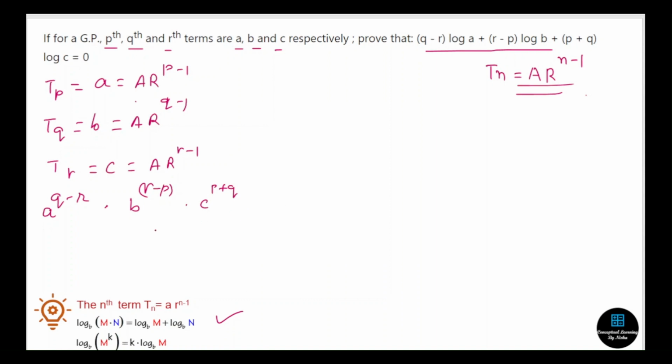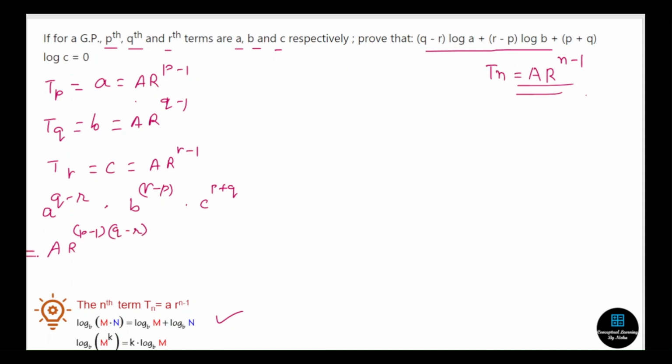Now if I substitute the values of a, b, c which we got here, I'll put a as capital A r raised to p minus 1, whole raised to q minus r.